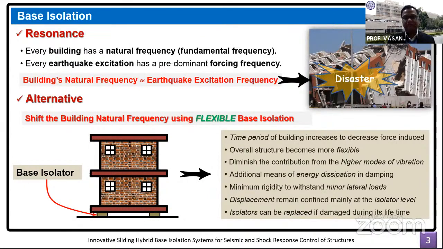So during the earthquake, it will perform quite satisfactorily. However, during the service condition, it might cause discomfort to the users. So essentially, we have to strike a balance between these two, how stiff and how flexible. So that is the deciding criterion while designing the isolation systems.